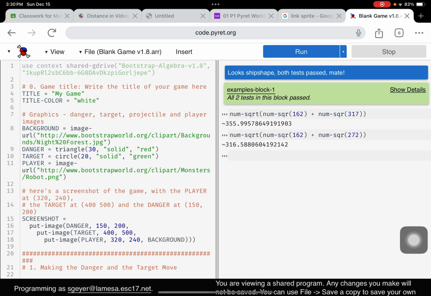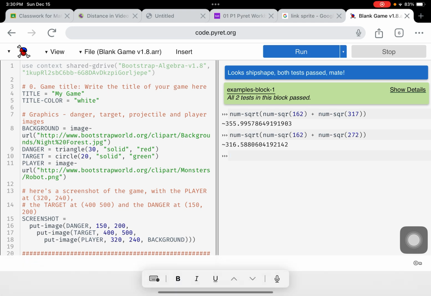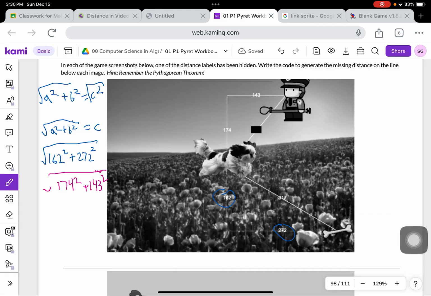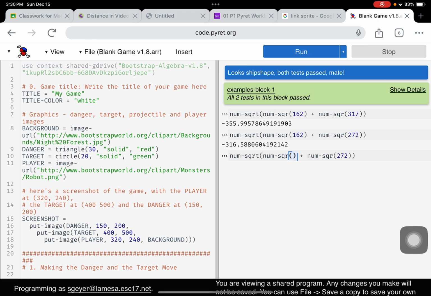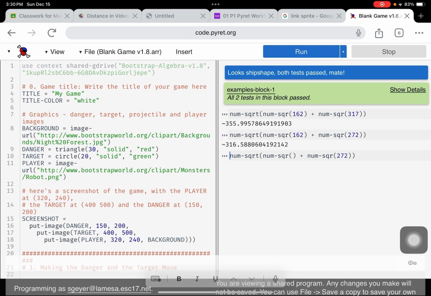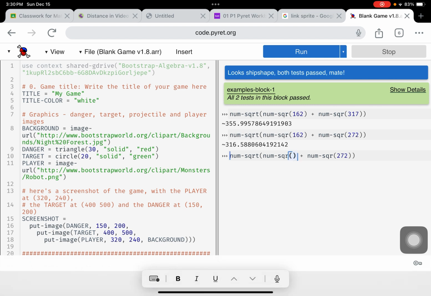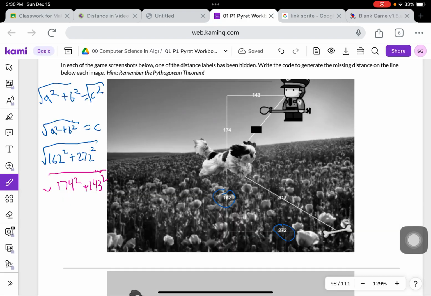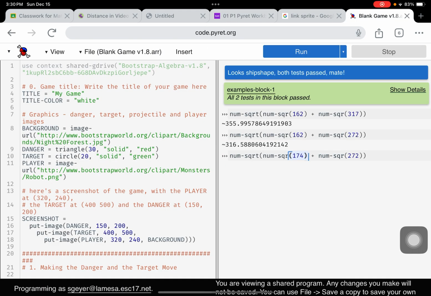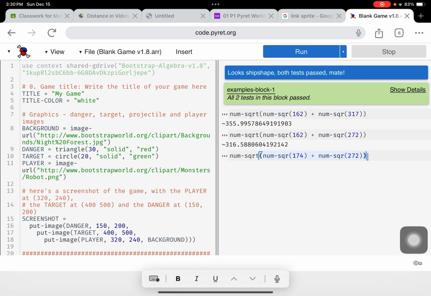So in your thing, you do num dash sqrt num squared, and we're going to put in 174 and put in 143.